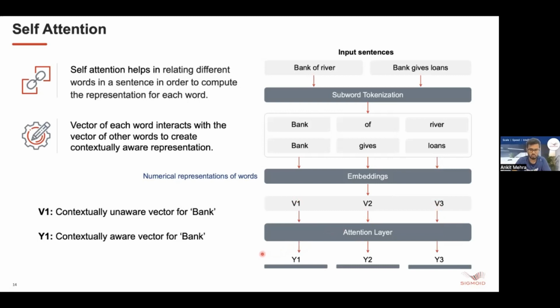So this is reflected in the attention layer output. Here Y1 is the updated vector for bank, but it is contextually aware that it is a river bank. Similarly, if we had used the other sentence, that is "bank gives loans", till here the representation for the word bank would have been the same, but after passing through the attention layer, it would have learned that we are talking about a financial bank. So this is how self-attention works on an overall level.